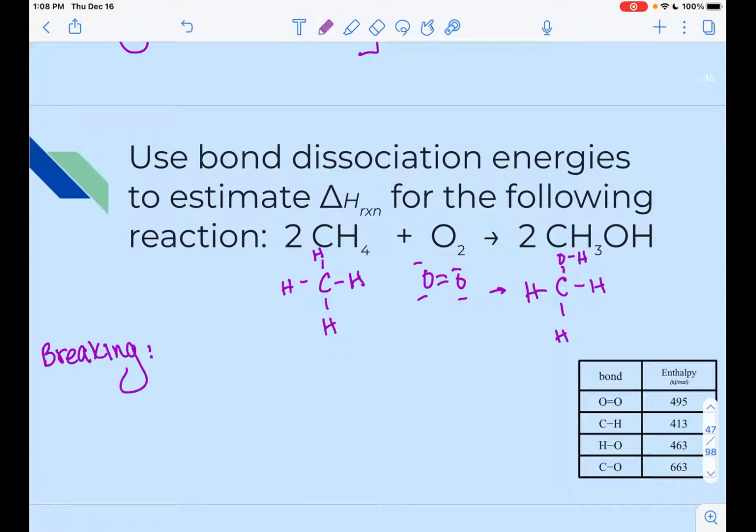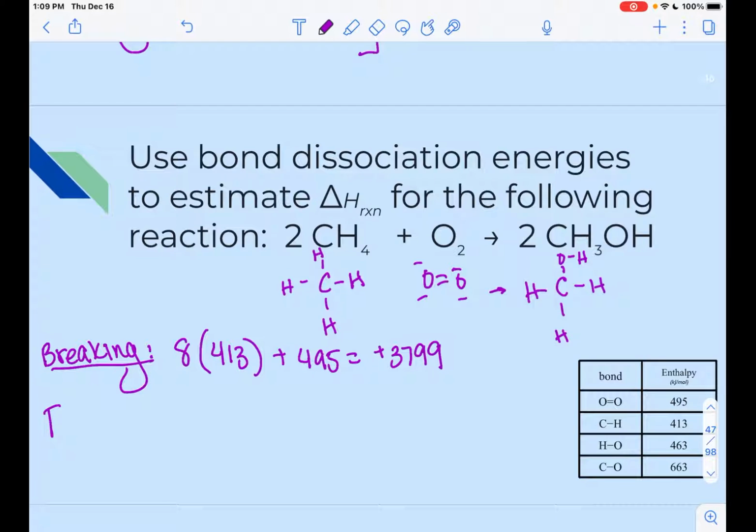So it's going to be 8 times 413. And then our O2, we just have one of them. And that comes out to positive 3799 kilojoules per mole.